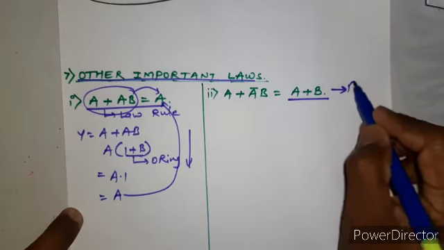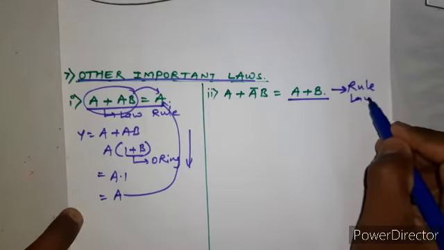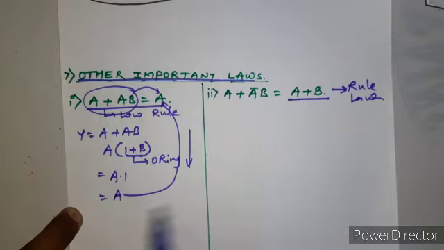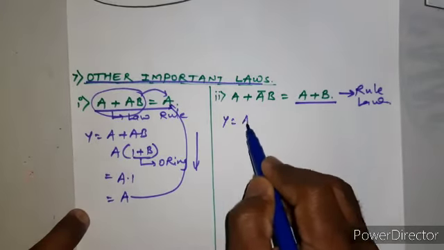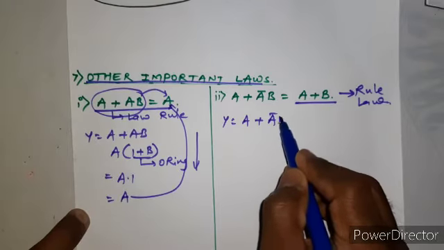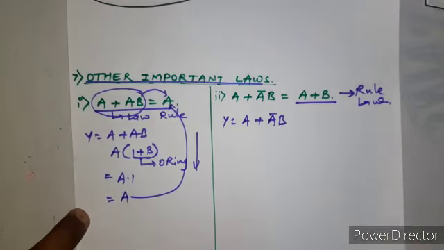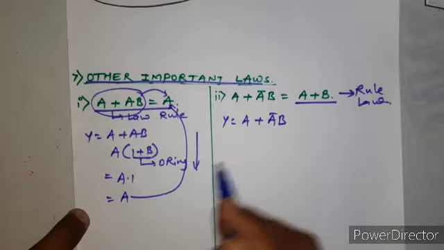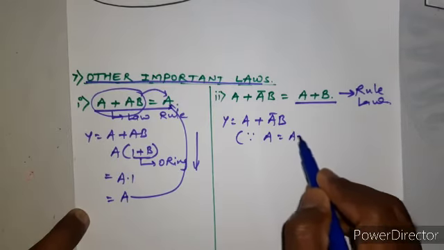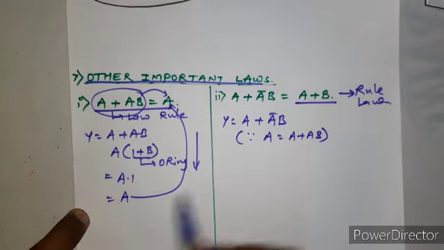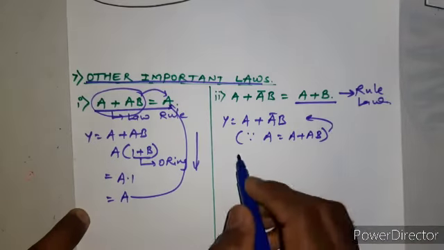This is also a rule or law. If you try to prove this, Y equal to A plus A bar B. Just now we have seen that A is equal to A plus AB, so I'll replace A here.